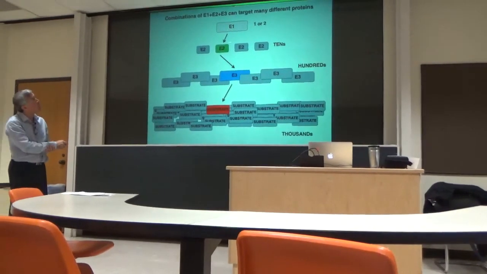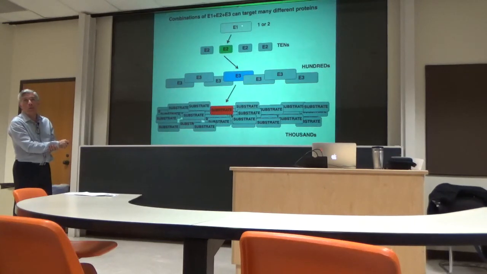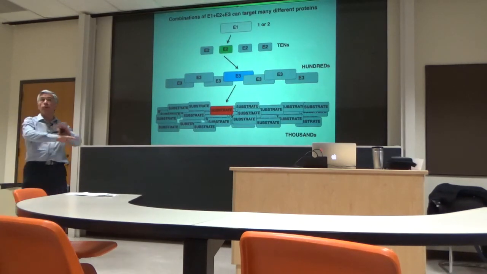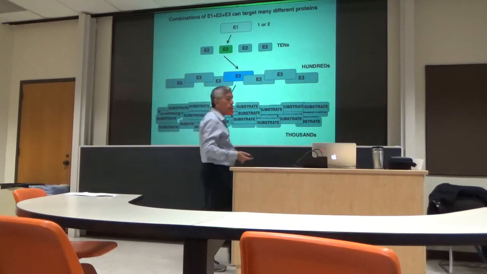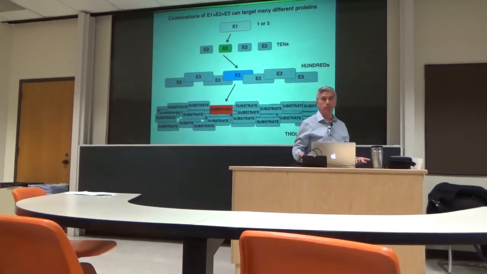So you can always have the same E1 working with any E2, but this E2 can work with this E3 to recognize that substrate, or that E2 might bind to that E3 to recognize this other substrate, and that way you can cover your bases for all the proteins in the cell. So that's how we control that.